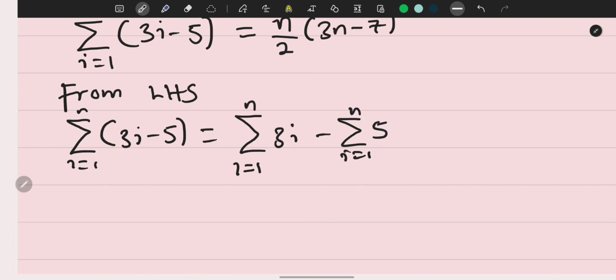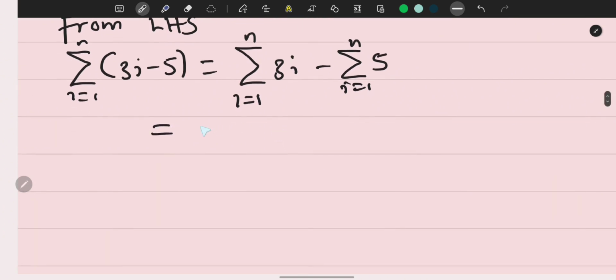Okay, and don't forget this 3 here is a constant, which can be factorized out, meaning that you can write that as 3 times the summation i equals 1 to n of i, then minus the summation i equals 1 to n of 5.